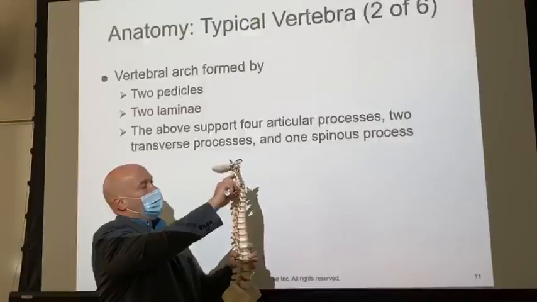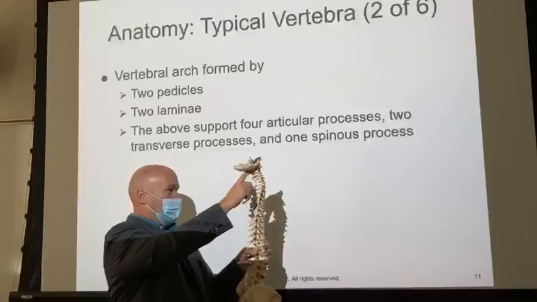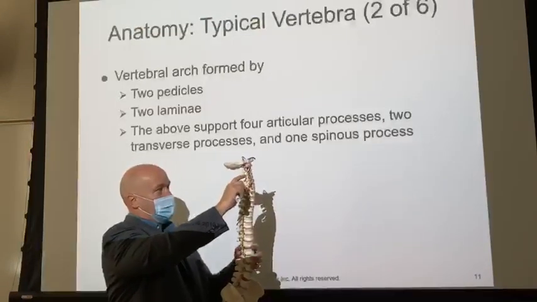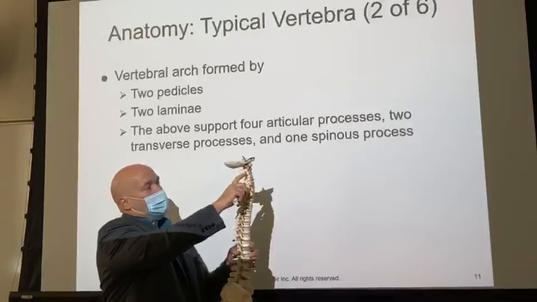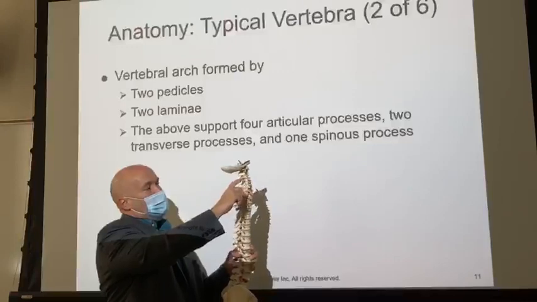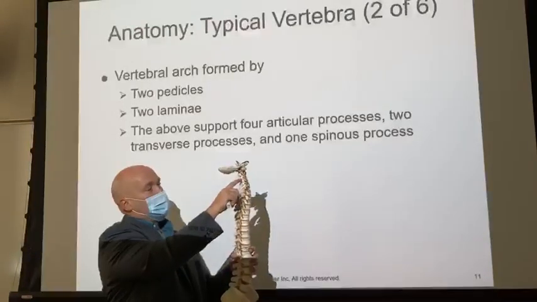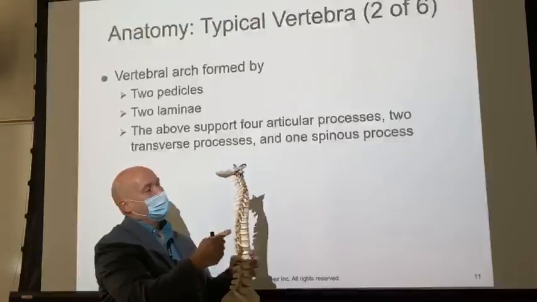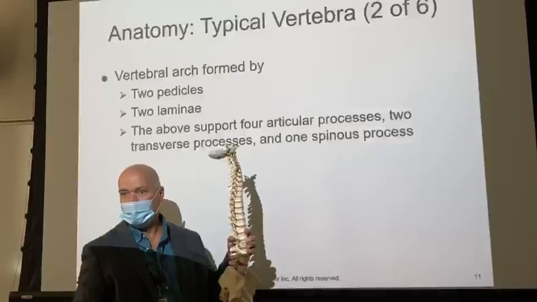So back here you've got, this would be C1, C2, so you've got C2, 3. You've got a superior articular process, and then you've got an inferior articular process. The superior articular process articulates with the inferior articular process of the vertebra directly above it.